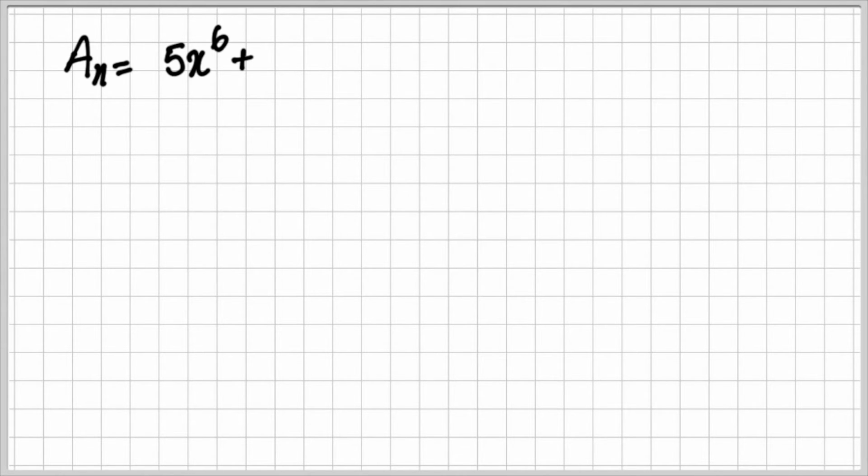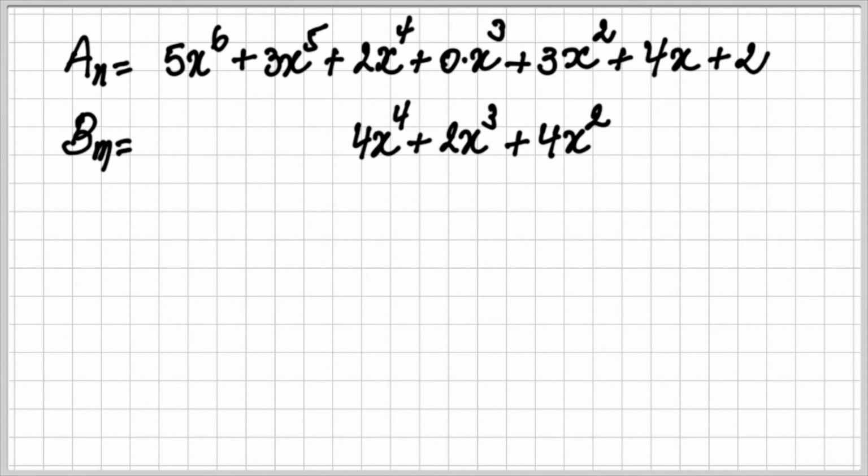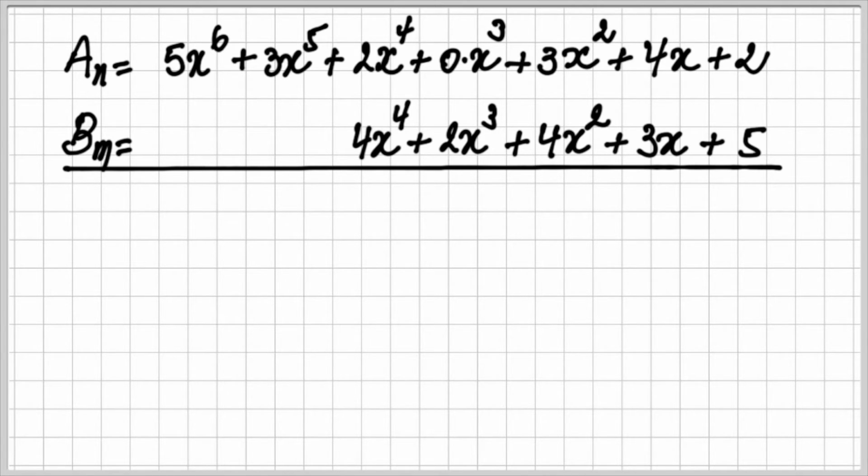Let's have a look again at those two polynomials and see what we can do here. Again we are going to write one polynomial below the other, aligning the terms. So we have 5x to the 6 plus 3x to the power 5 plus 2x to the power 4 plus 0x to the power 3 plus 3x squared plus 4x plus 2.